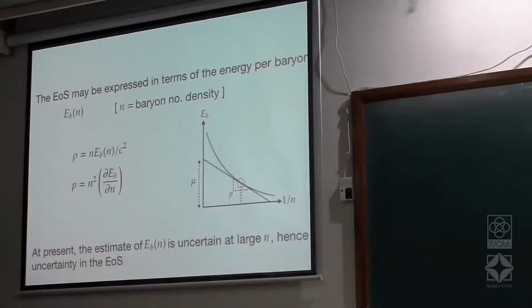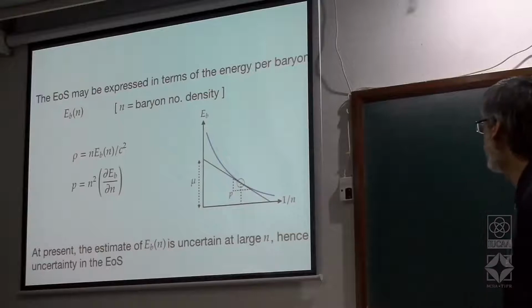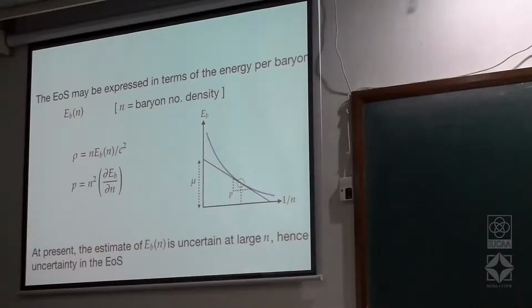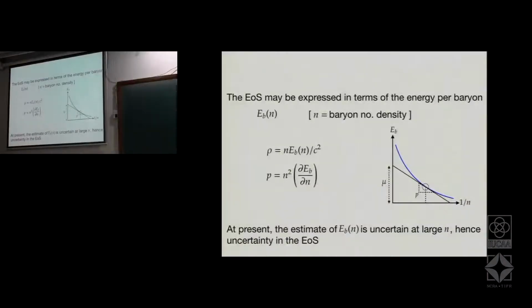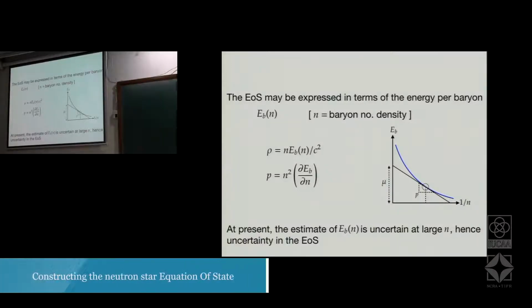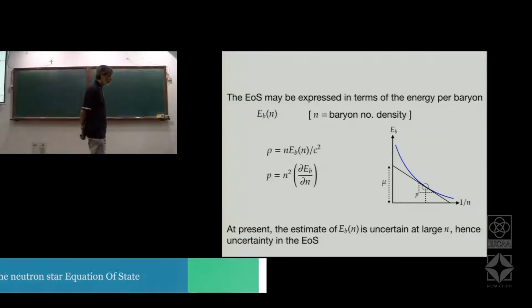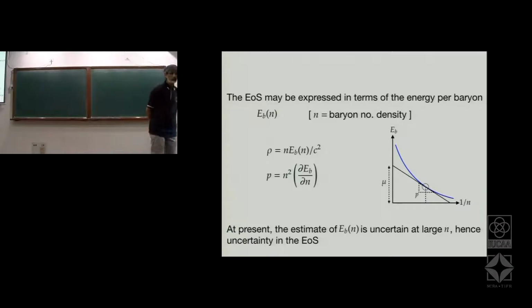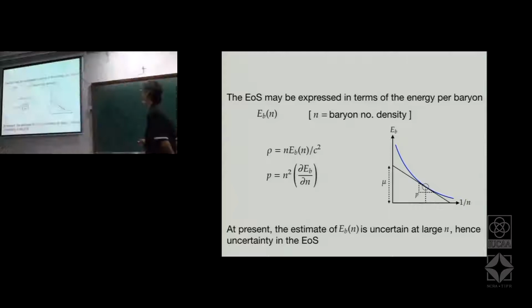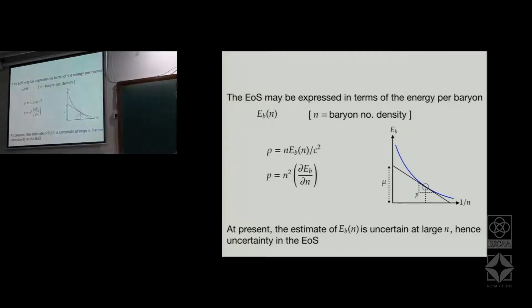So now let's take a little bit closer look at the construction of the equation of state. From whatever knowledge we have, either by direct measurement or by extrapolation or from a theoretical paradigm, we can predict a quantity like energy per baryon, which is a function of baryon number density.